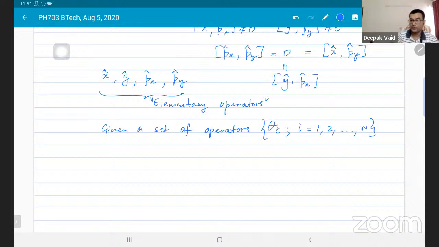We don't know what n is, it's a number of operators. Given such a set of operators which act on our Hilbert space, this curly H is the Hilbert space, a set of state vectors.